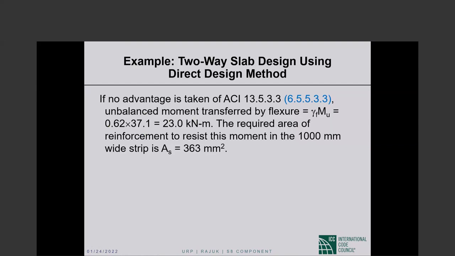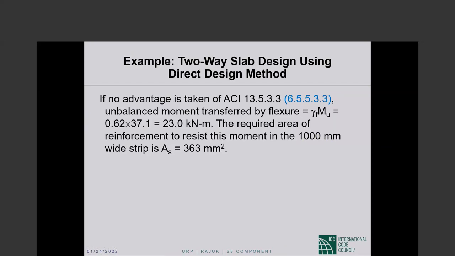The 1000, remember, is the column dimension, 400, plus 1.5 times the slab thickness on either side. So 400 plus, the slab thickness is 200, 1.5 times that is 300. So 400 plus 300 on one side and 300 on the other side gives you 1000 millimeters. 1 meter is the width of the moment transfer band.